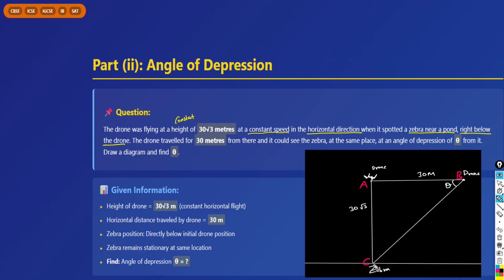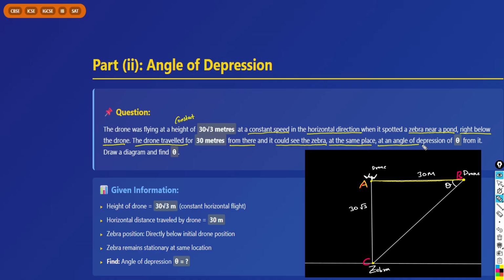Let us consider a zebra here, which is right below the drone. Let the initial point of the drone be at point A. Now the drone has traveled for 30 meters from there and it could see the zebra at the same place. Now the drone has traveled 30 meters from A to B. When the drone reached B, the zebra was at the same point C.